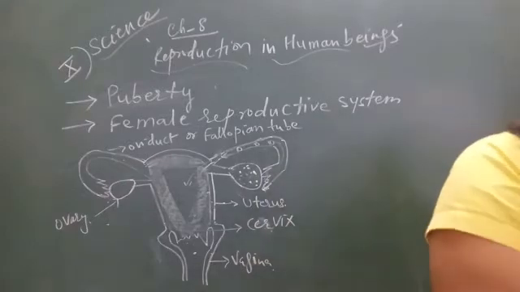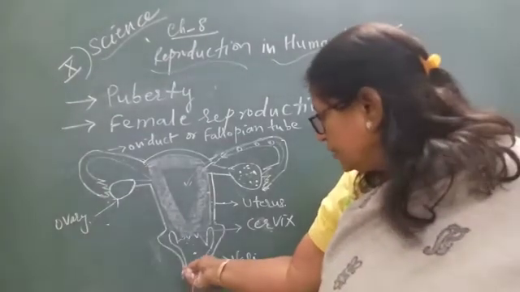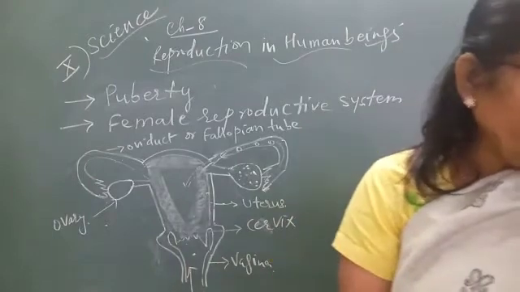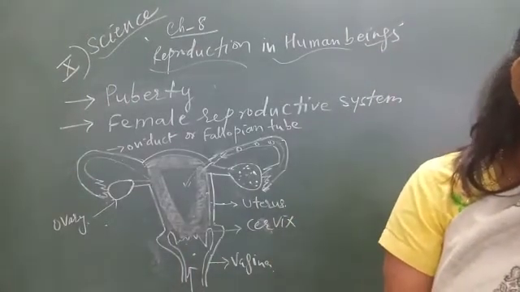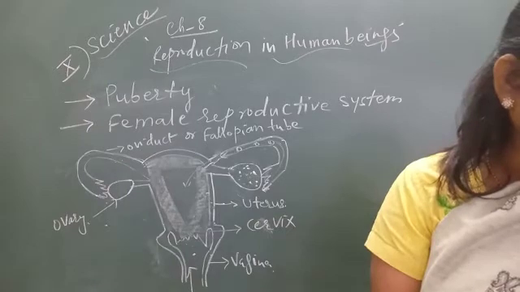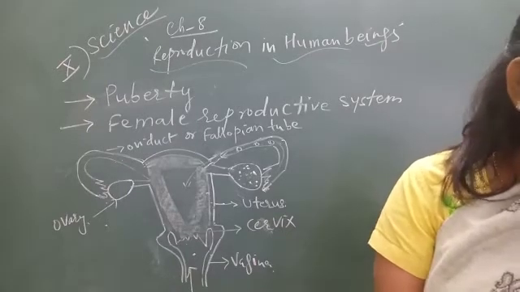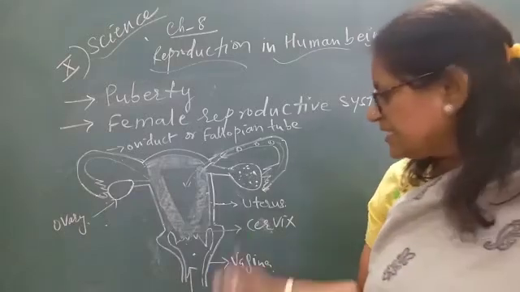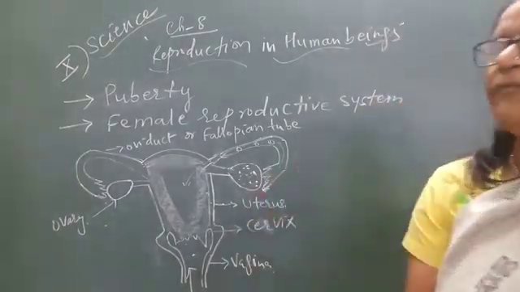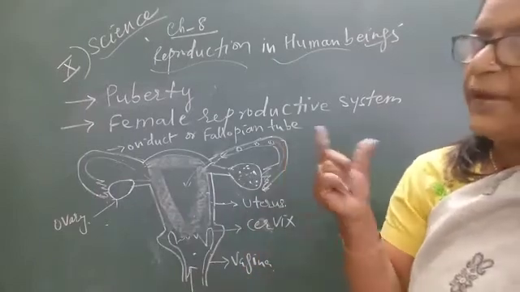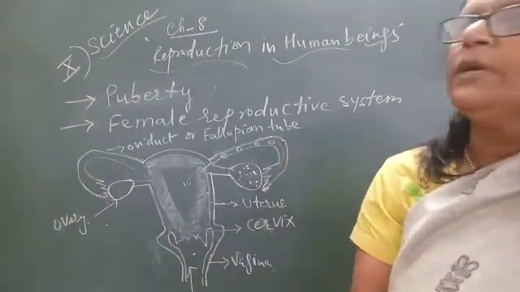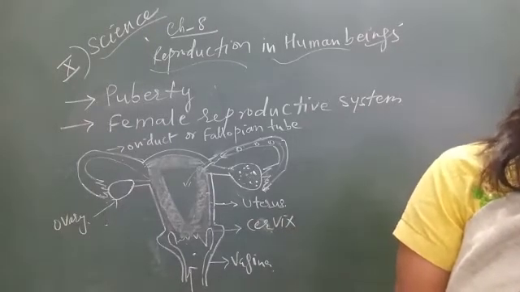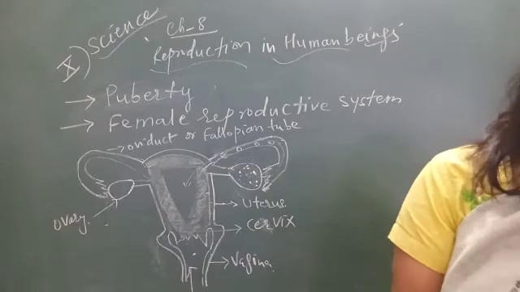Now when the sperm enters through the vagina and vaginal passage during sexual intercourse, they travel upward and reach the oviduct, where they may encounter the egg, and the ovum and sperm fertilize. When the egg is fertilized by the sperm, the fertilized egg is called a zygote. It starts dividing and forms a ball of cells, or embryo.